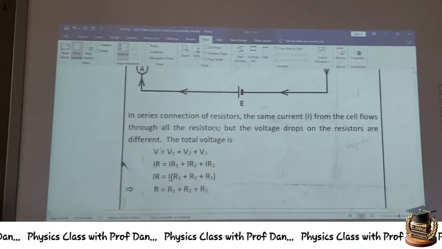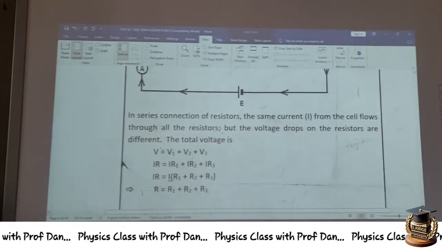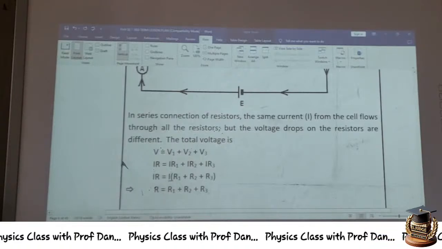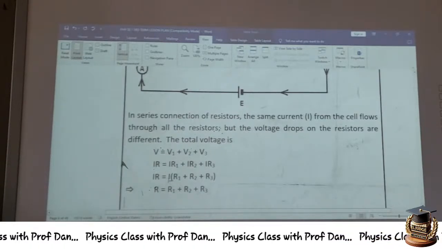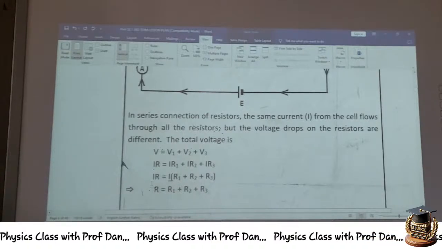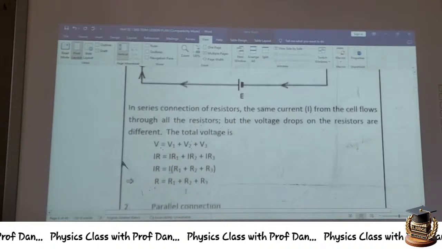And we know that V equals IR. That means V is IR1 plus IR2 plus IR3. Then I is common to the three, so we bring it out. So you have I into R1 plus R2 plus R3. Then R equals R1 plus R2 plus R3.